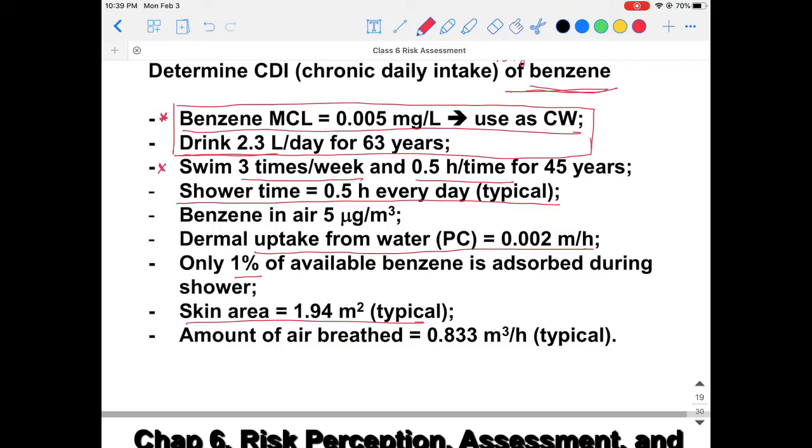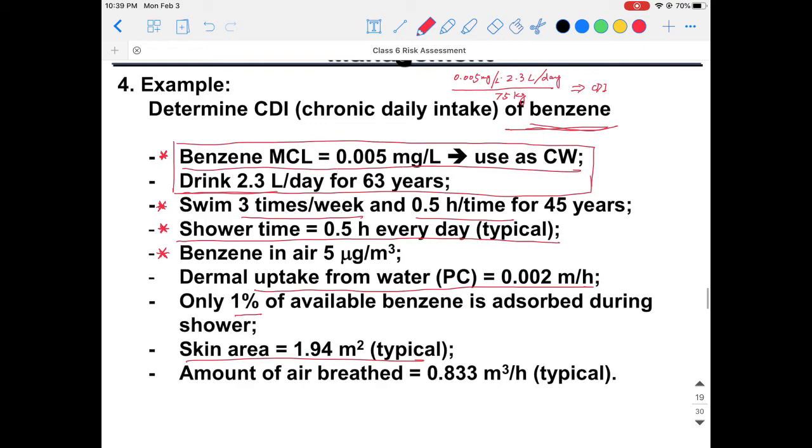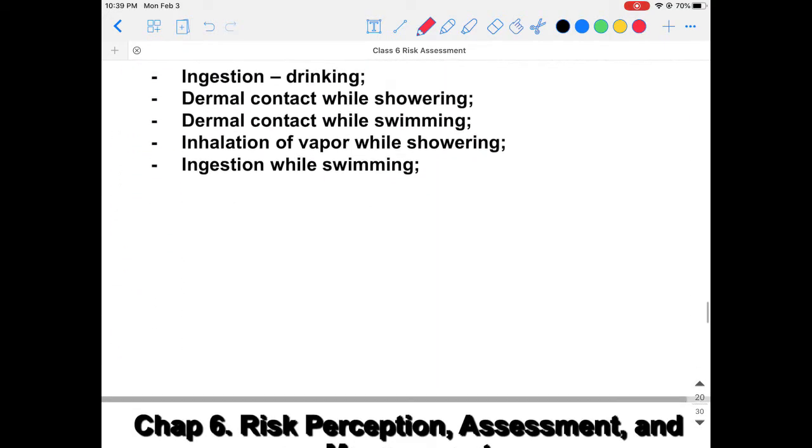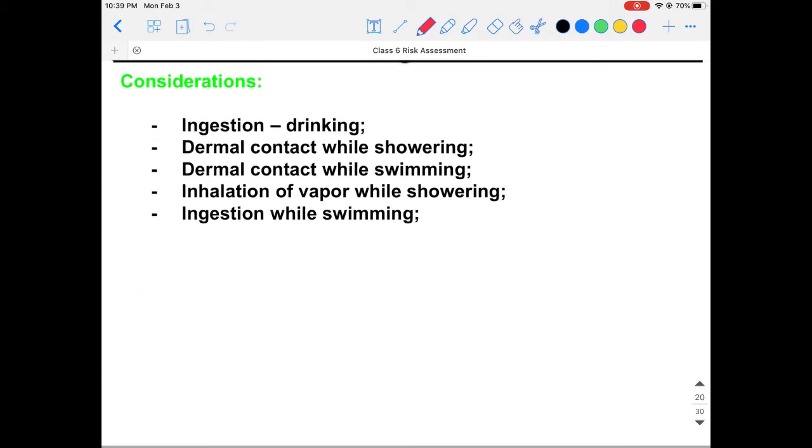So basically there are 4 ingestion methods, plus respiration from breathing. To calculate the CDI, we need to consider all of these ingestion processes.